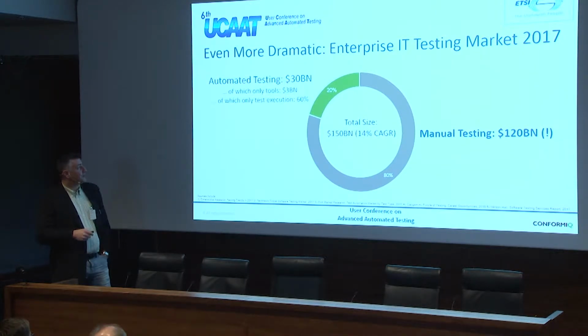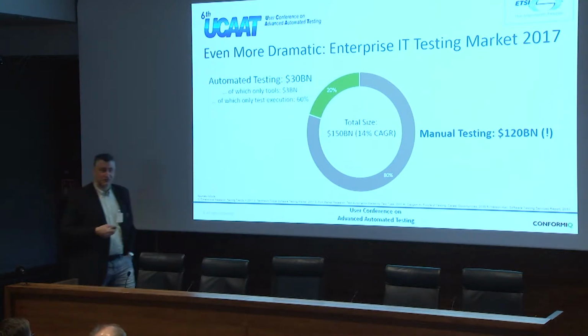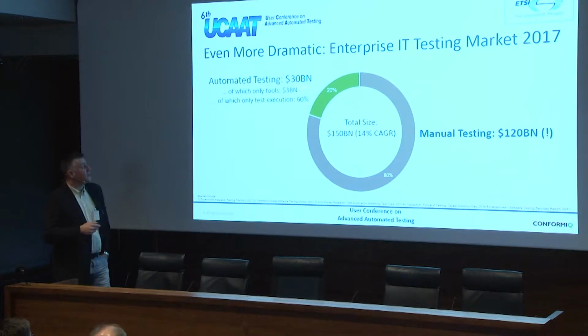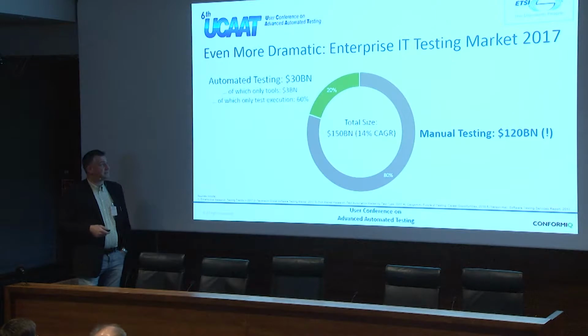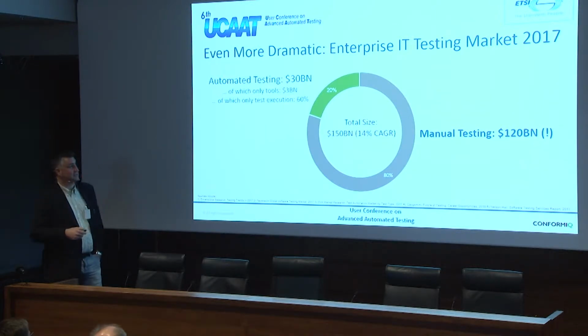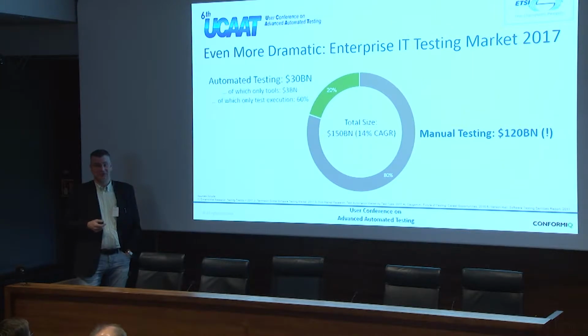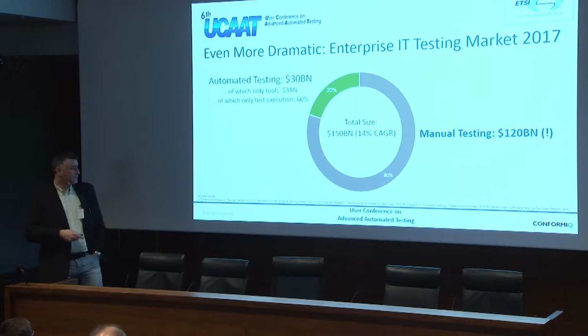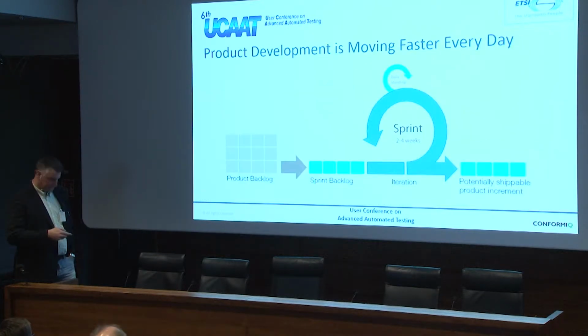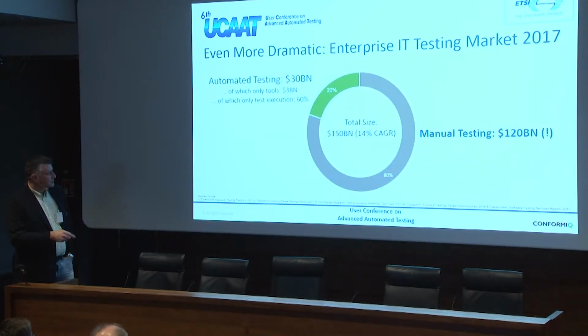And even if you break that down further, especially for tool vendors like us, this was very interesting, we get to $3 billion in terms of tool spend around automatic testing. And then, just for the test execution alone, we are basically down to 1% or something like this, right? So, many people have asked where we got this data from. In the bottom, I have put some references, but we analyzed a lot of different research to come up with this.